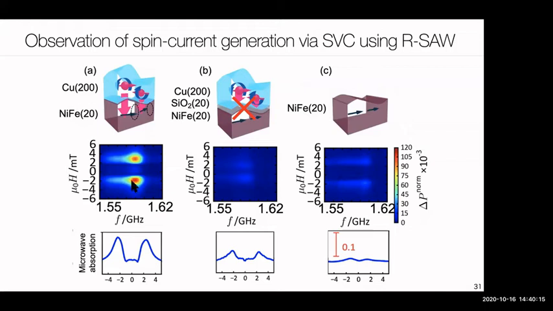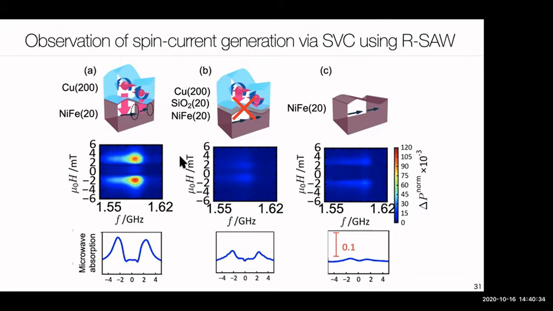These are the experimental results. In this bilayer system, we have a clear signal of microwave absorption due to the spin current generation.